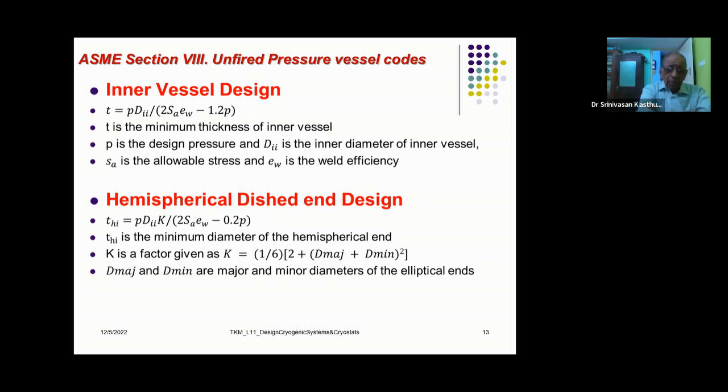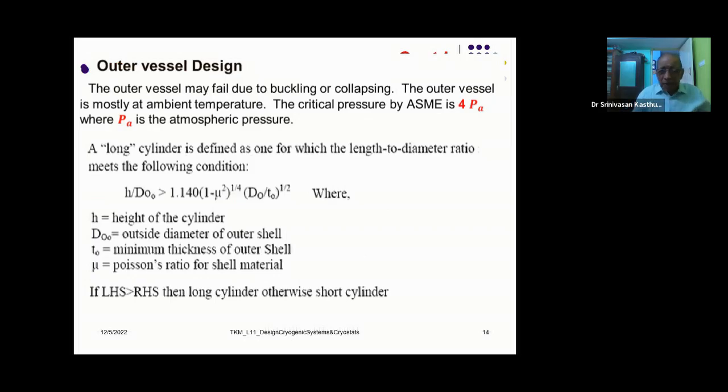These are the major and minor diameters of the elliptical ends. That means the dished ends are chosen as part of an elliptical structure. And the elliptical structure will have the major and minor diameter, and those numbers are introduced in this factor K. Right. Okay, how do we design the outer vessel? Just excuse me for a minute.